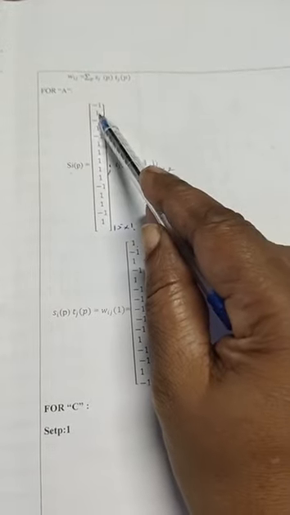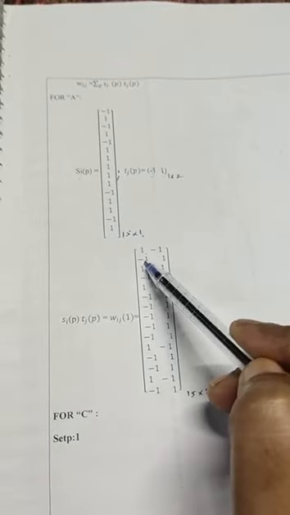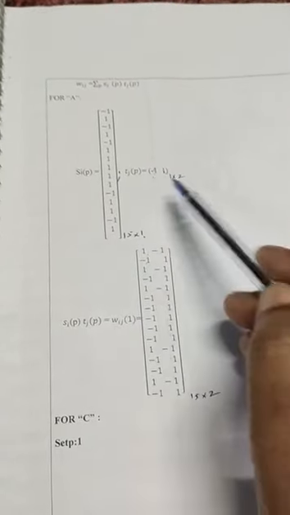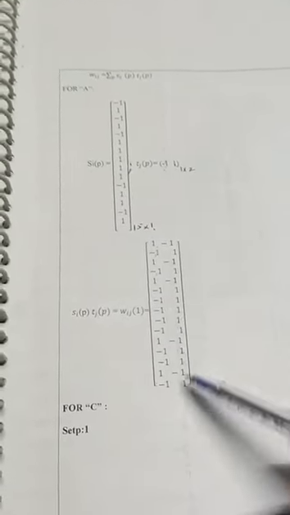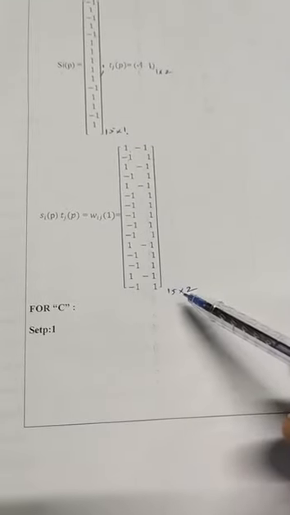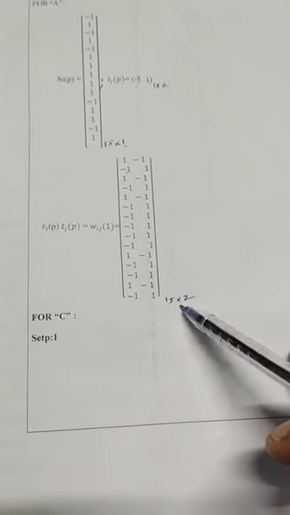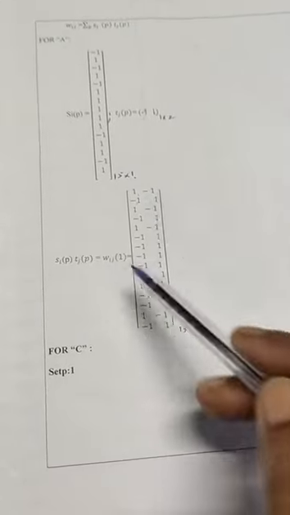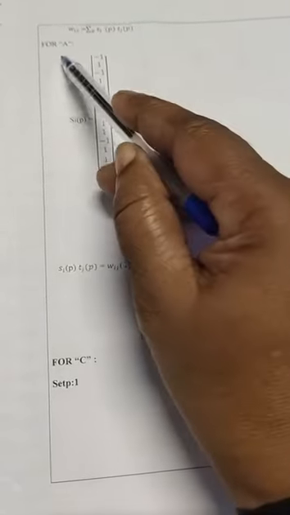Second row, 1 into minus 1, minus 1. 1 into 1, 1. Like that, multiplying each row and column, you will get a matrix of 15 cross 2 nature. So this is the W matrix required to store the pattern A.